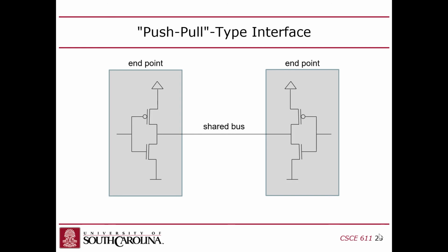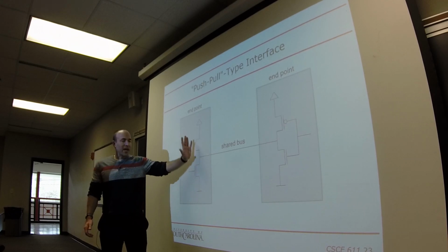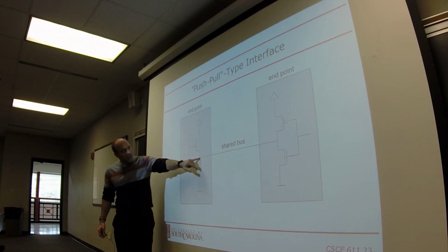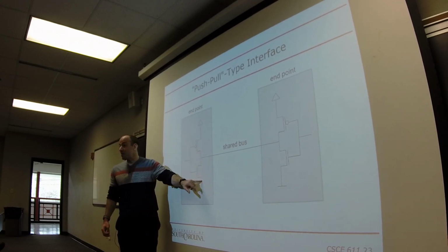Well, SPI uses a push-pull interface. This is something else that I normally cover in 611, but when you have a driver, which is the actual circuit that sets an output bit to 1 or 0, a push-pull style driver would be like having an inverter that sets the value. That value is connected to both a P-type and an N-type transistor.